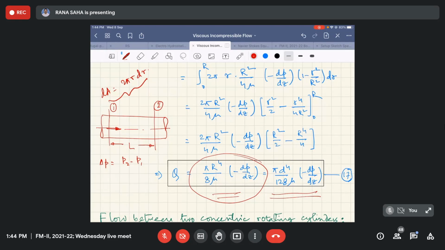So using that equation, you can see some negative term, minus term, is coming in the expression of Q. So if you put P1 minus P2 as delta P, you may end up having the flow rate negative. Okay, so here it is P2 minus P1, that is the delta P.